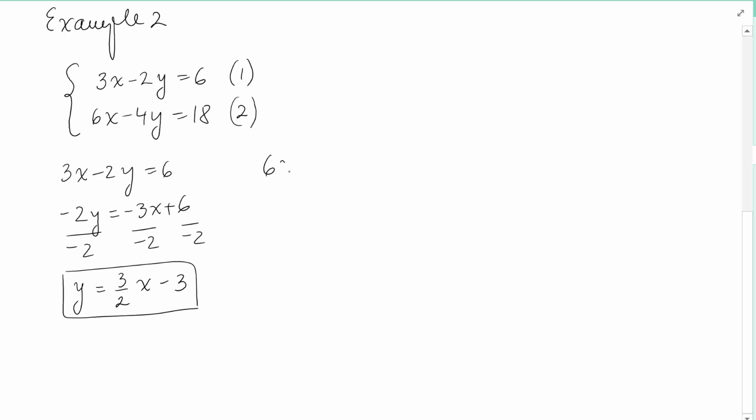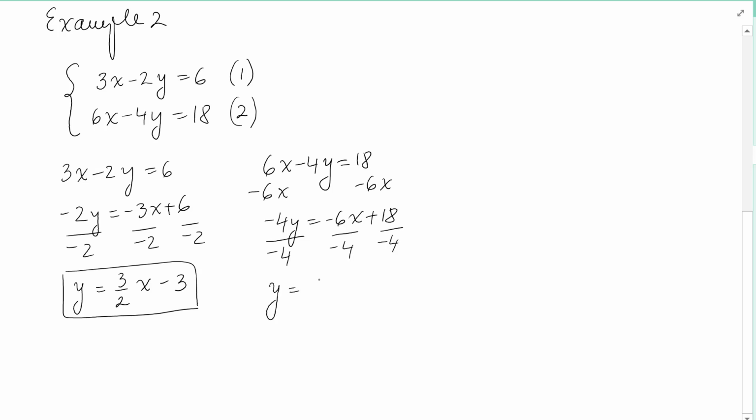It doesn't have to be slope-intercept form, but I like the slope-intercept form. So we subtract 6x from the second one, negative 4y equals negative 6x plus 18. We divide by negative 4 each, and we get y equals 3 over 2 x minus 2.5.